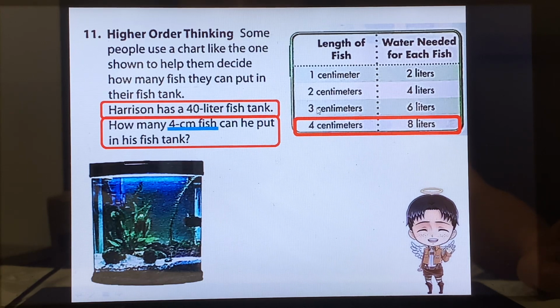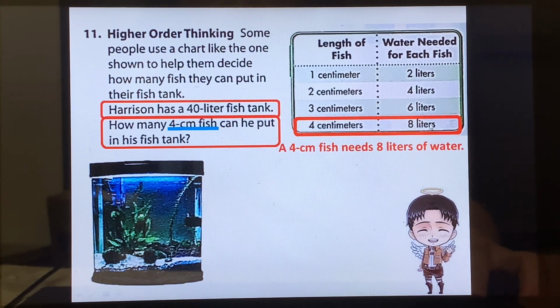For a fish 3 centimeters long, you have to give it 6 liters of water. For a fish that has a length of 4 centimeters, you need to give it 8 liters of water. A 4 centimeter fish needs 8 liters of water.